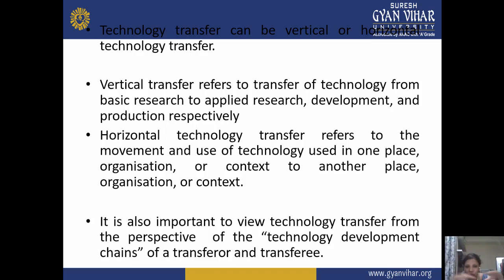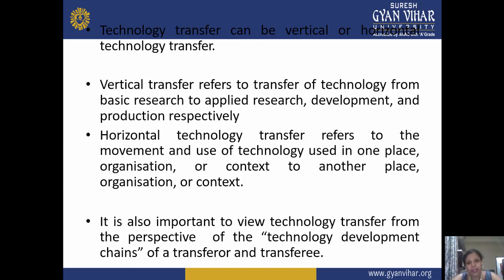So a similar type of technology is transferred. That is known as horizontal technology transfer. In simple words, there are two types of technology transfer, vertical and horizontal. In vertical, R&D to production transfer is there, and in horizontal, production to production, or one organization to another organization, there is a transfer of technology.